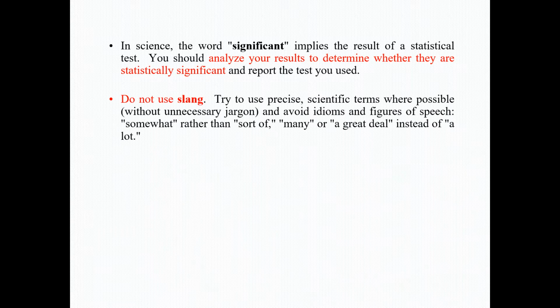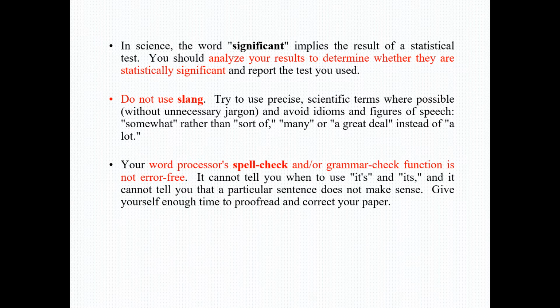Do not use slang. What does it mean? It means that you should try to use precise, significant terms where possible without unnecessary jargon, and avoid idioms and figures of speech. For example, use somewhat rather than sort of, and many or a great deal instead of a lot.